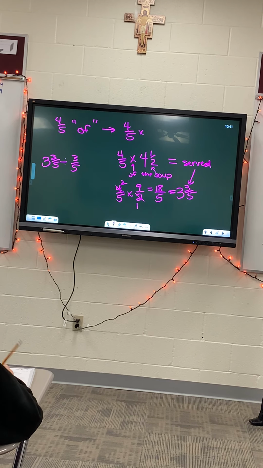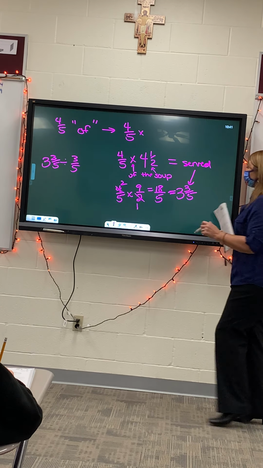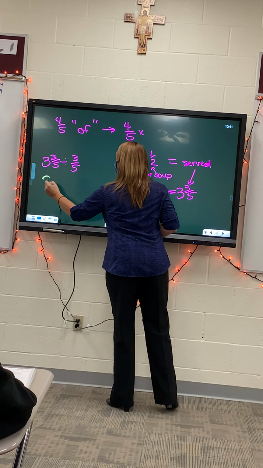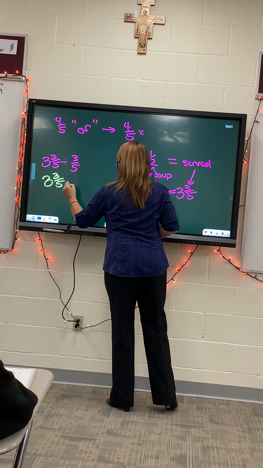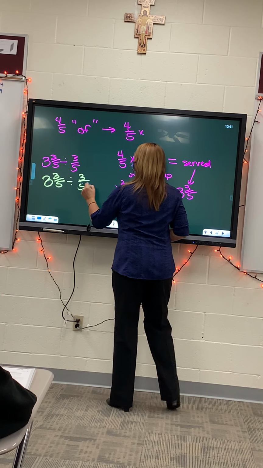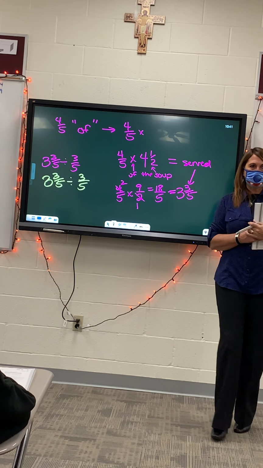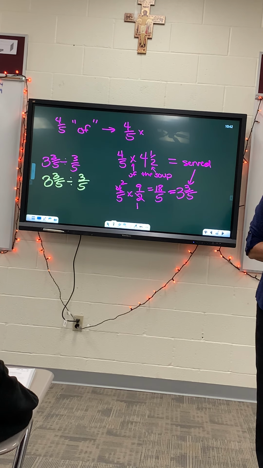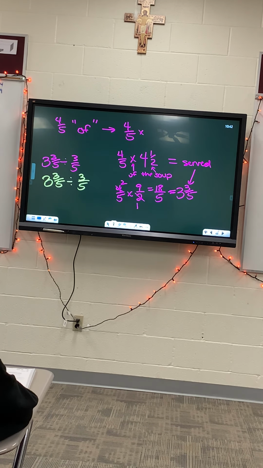Do we have to simplify? Well, I'm gonna write this better so you can see it better. Remember, in dividing fractions, you gotta make them improper. First one stays the same, second one flips, and it turns to multiplication, so we can cancel if we can. And that's where the simplifying should happen.